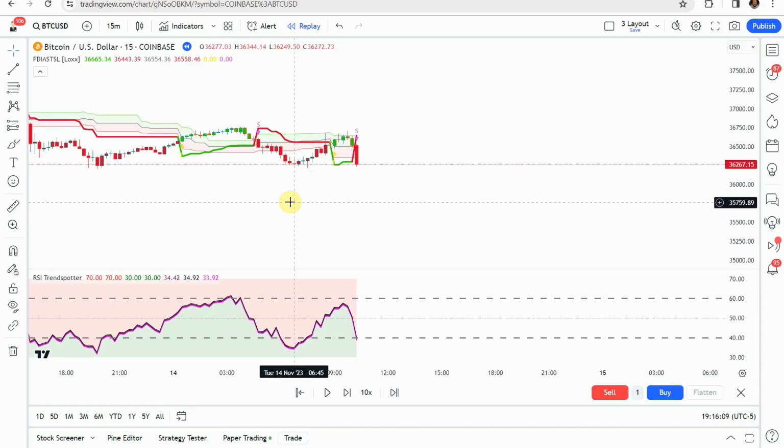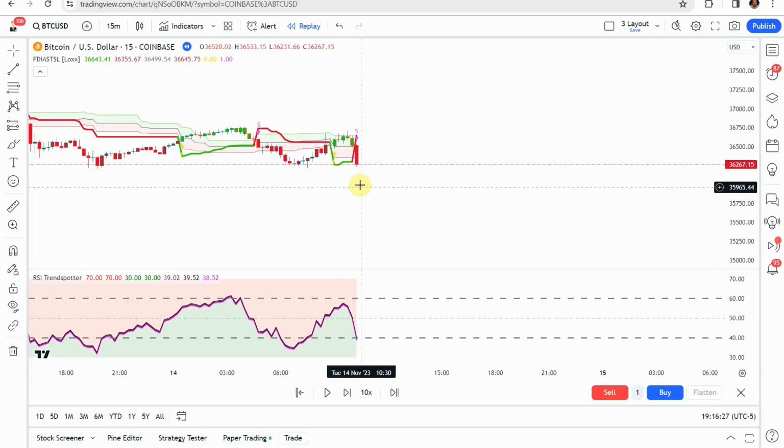What we're looking for is when the FDI gives us a sell signal or a buy signal. It's kind of hard to see the buy signals because they're yellow and they blend in with the background pretty decent there. But when we get a sell signal, a purple S like this right here, then we're going to look down to the RSI trend spotter, and we want the RSI line, if that's what you want to call it, to be below the dashed line.